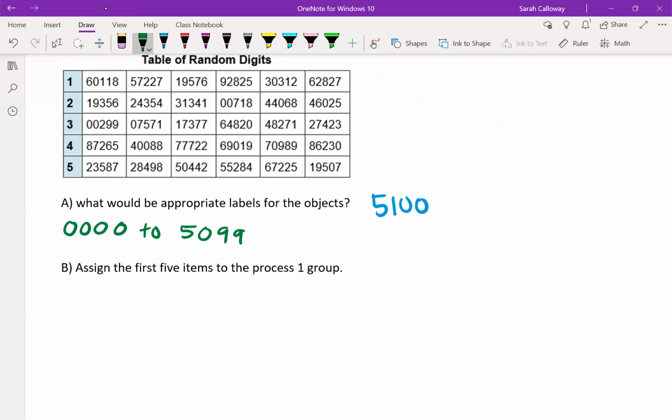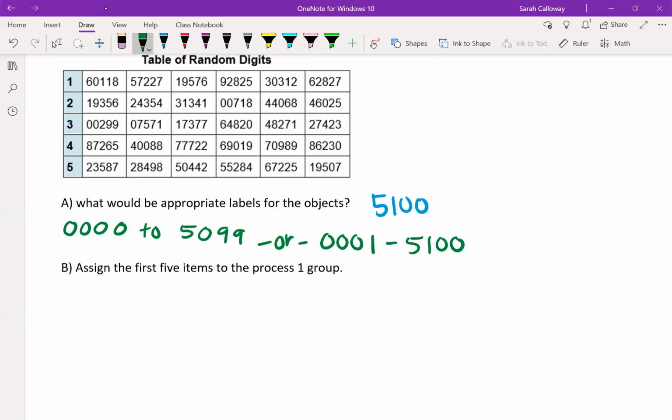Or we can start at 0001 and stop at 5100. Okay, so one of those 2 is the only way that we can number these. So you will have questions where it asks you just that labeling. So this is review from before.